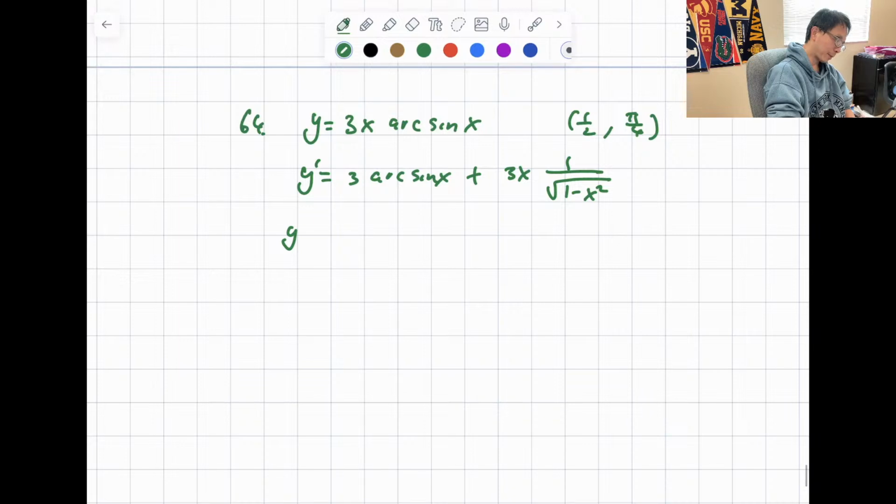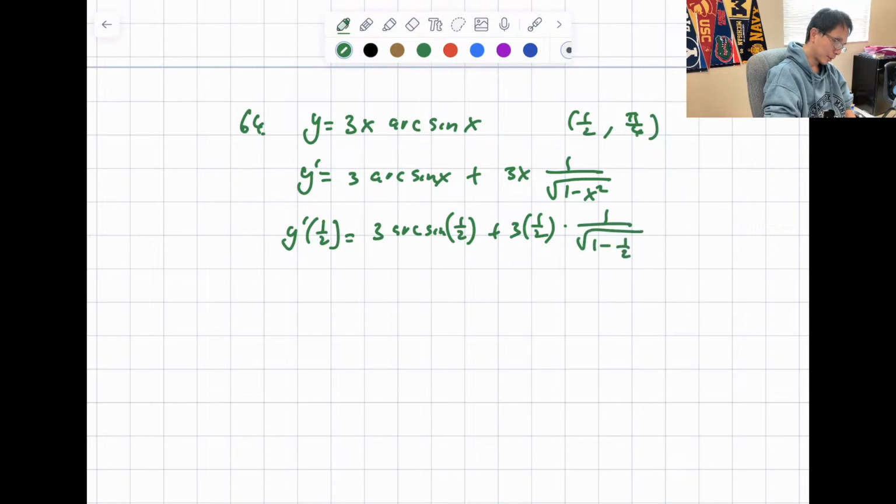I'm going to plug in one half for y prime because I'm trying to find the slope. So 3 arcsin of 1/2, which you should know, plus 3 times 1/2 times 1 over the square root of 1 minus 1/2 squared.